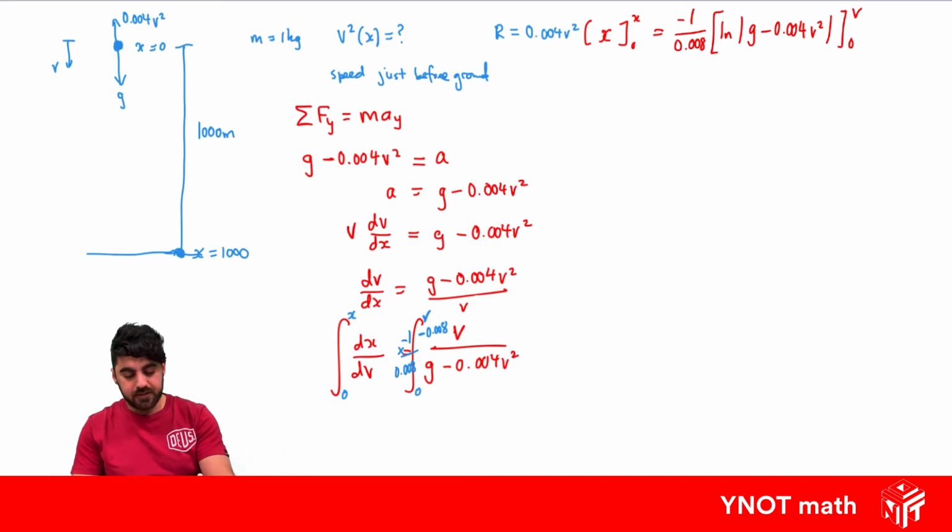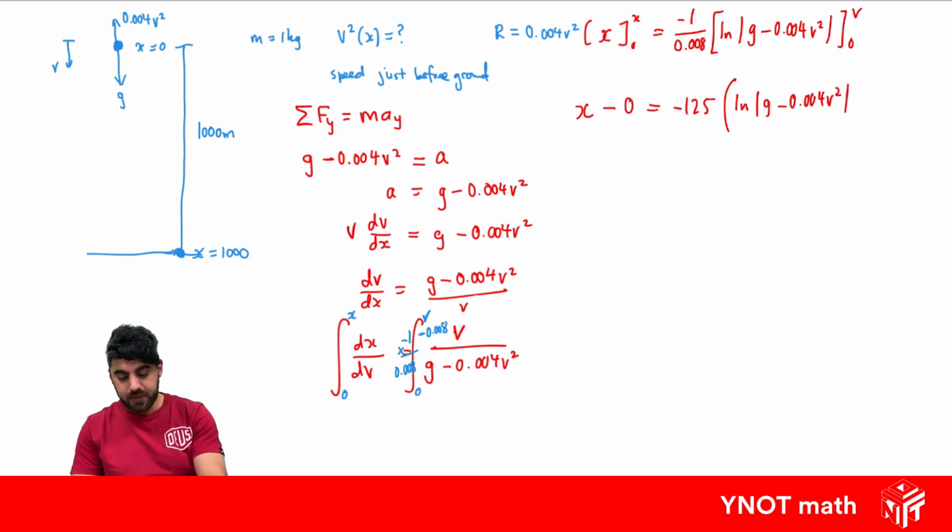So let's go ahead and sub some of these values in. Subbing x into x gives us x, and subbing in 0 for x gives us 0. Now 1 over 0.008 is 125, so we get minus 125 times, we've got to sub in v first, so we get the natural log of the absolute value of g minus 0.004 v squared, minus, we've got to sub in 0 for v, so we get minus the natural log of the absolute value of g minus 0.